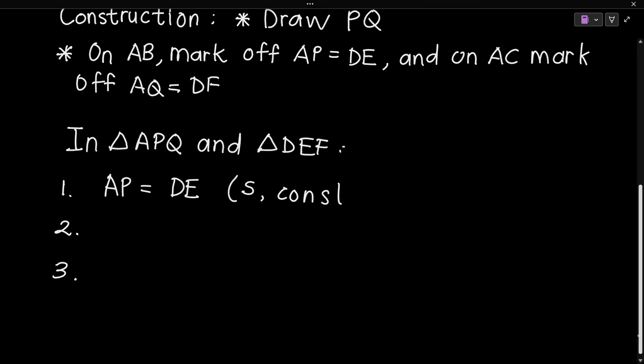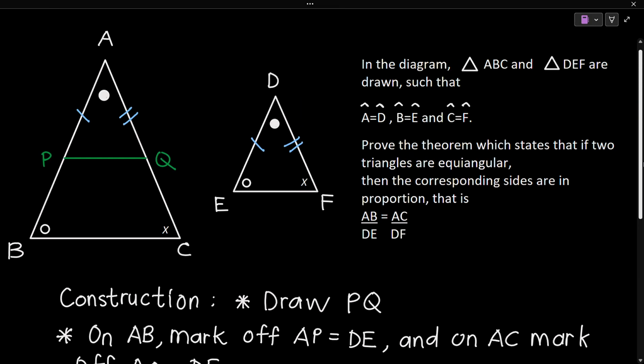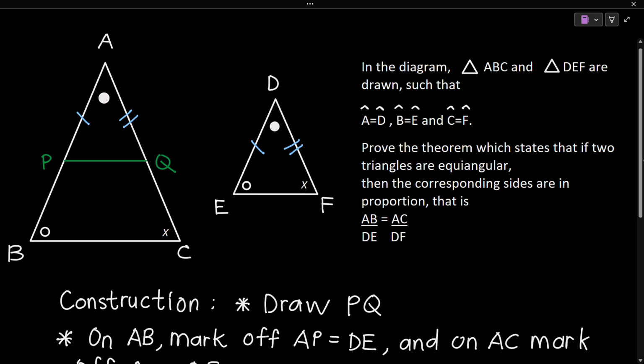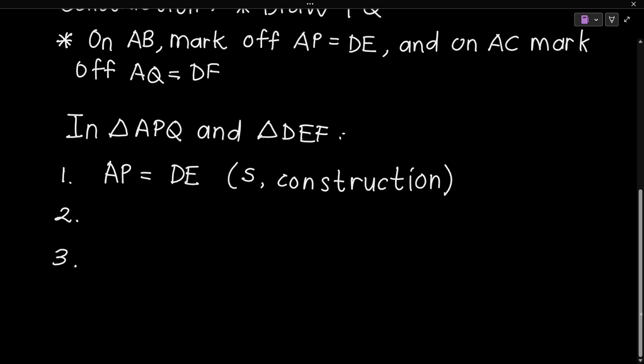So we can say side, and we can say construction. The second thing we notice that is the same about these two triangles is we've got angle A equal to angle D, and that was actually given to us in the information provided. So we're going to say angle A is equal to angle D. Now that is an angle, and that was given.